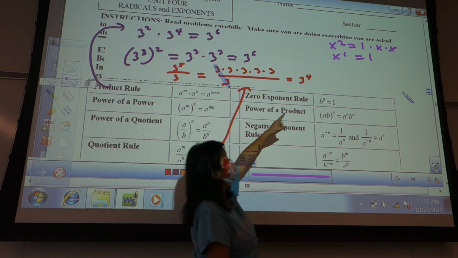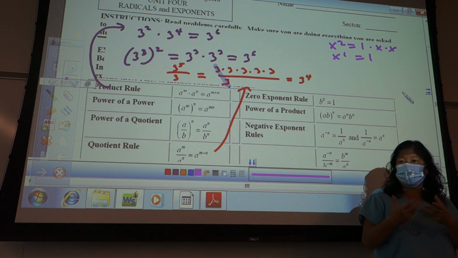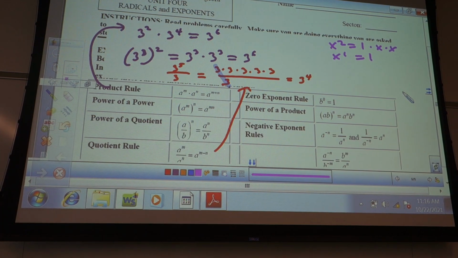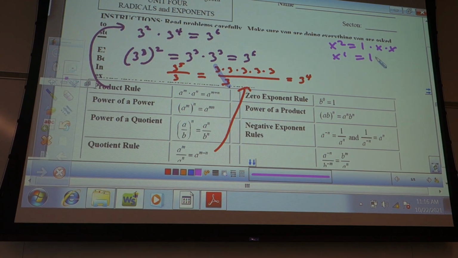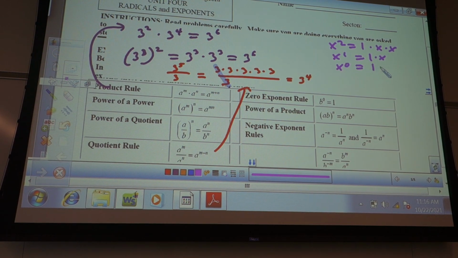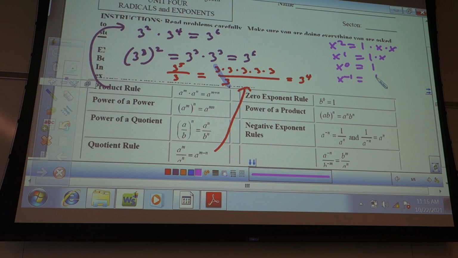In multiplication, you always start with an invisible 1, because our multiplicative identity is 1, any number times 1 is itself, so it always starts with 1. So x to the 1 power is just 1 times 1x. X to the 0 is 1 times no x's at all. Good. And then as a reminder, x to the negative 1 is 1 divided by an x.